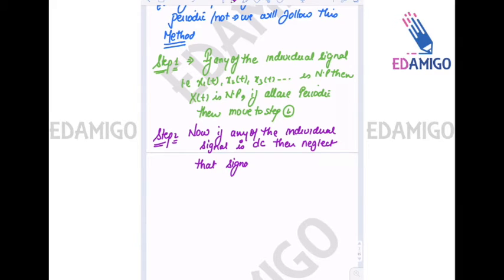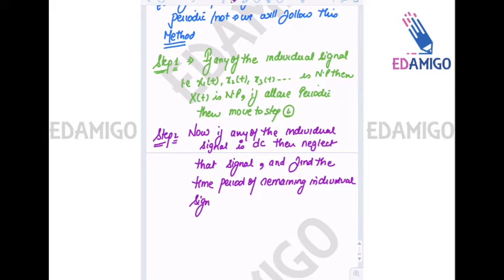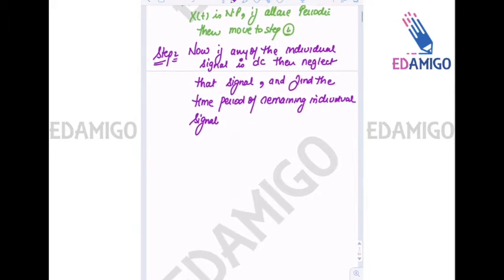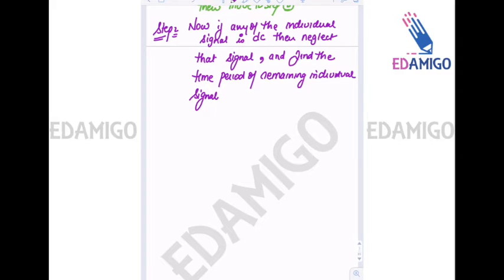I can neglect that signal because it will not affect the period of capital X(t), and find the time period of the remaining individual signals. So remove the DC signals and find out the time period of the remaining individual signals.